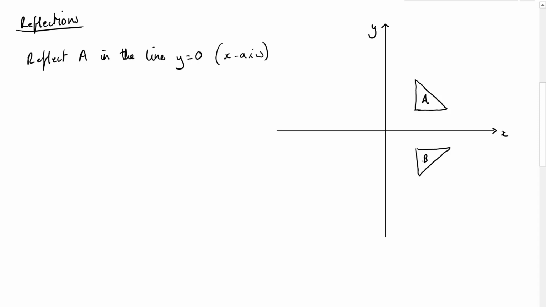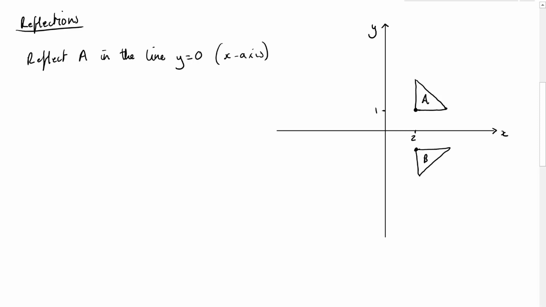If you are not a fan of tracing paper, there is another way that you could work this out. Let's give this point here a coordinate of 2, 1 maybe. If we know that it's 1 away from the line of symmetry going upwards, then when we flip it, it's going to have to be 1 away the other way.